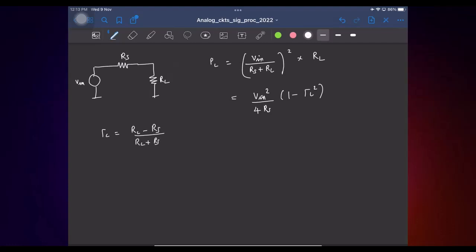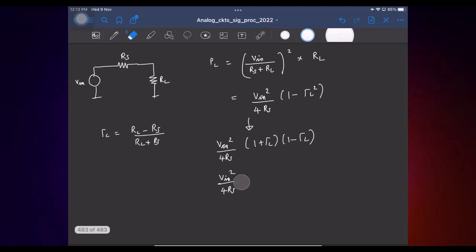Okay, it's not very difficult, right? You can simplify it. So if I simplify it, what do I get? Vn square by 4 RS times 1 plus gamma L times 1 minus gamma L. So what is 1 plus gamma L? Gamma L is this. What is 1 plus of this? Yeah, 2 RL by RL plus RS.